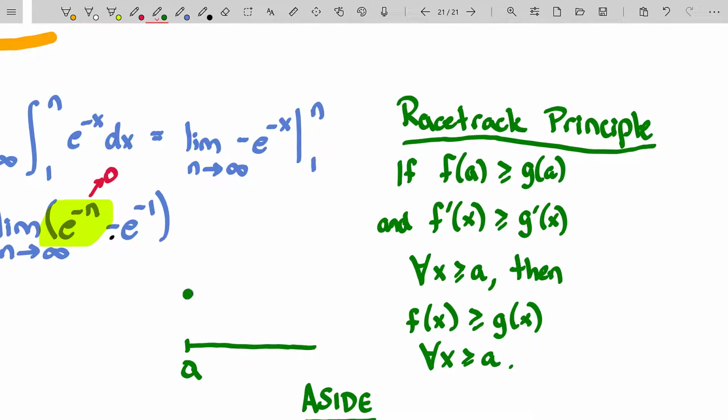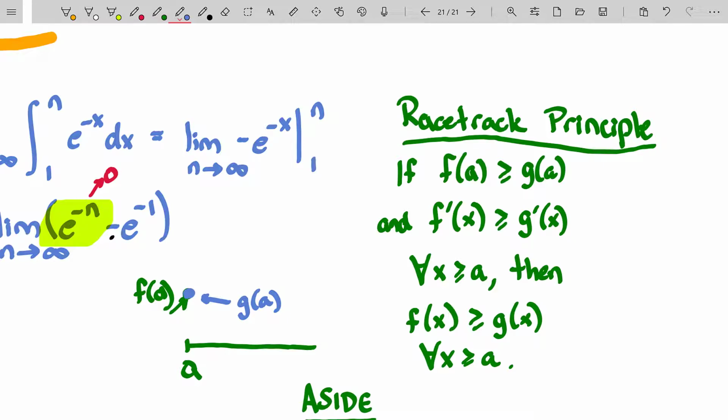And at time a, the horse F is at this position. But at the same time, the horse G is also at that same position. So these horses start neck and neck, at the same position initially. And then they say, go.